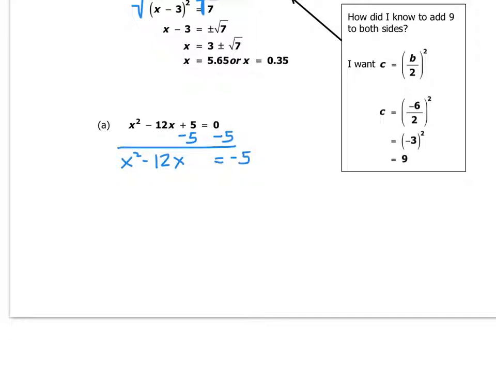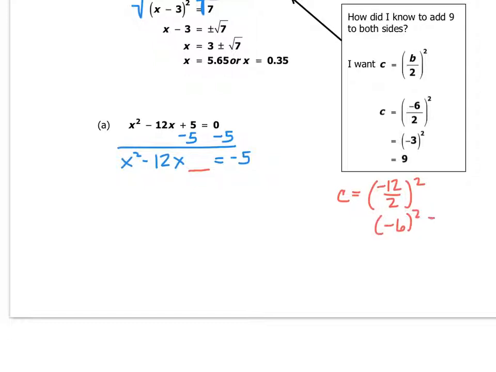Now, the next thing I want to do is complete the square. And what I mean by that is I want to fill in what would go here to complete the square. So I'm going to go over and use my formula, c equals (b over 2) quantity squared. So c equals (b, which is -12, over 2) quantity squared. -12 over 2 is -6.